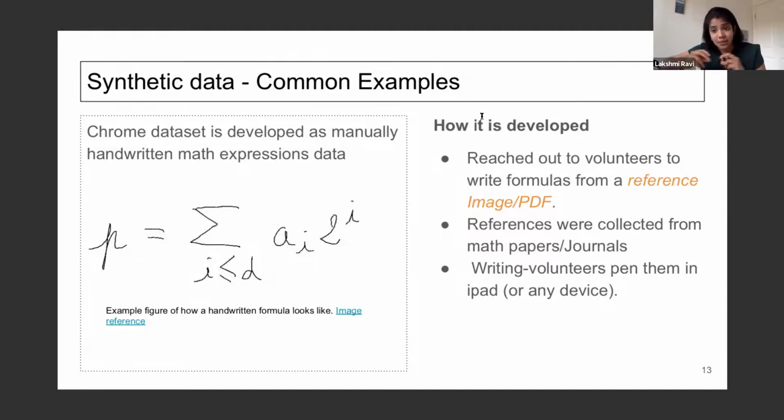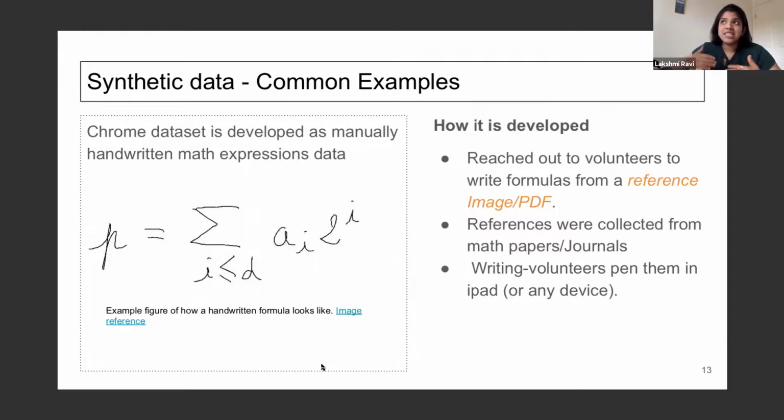One example which I worked on during my master's was the CROHME data set, where the data set was developed by reaching out to volunteers and asking them to write down a particular math formula from a reference image or a PDF file. The math formulas were randomly collected from math journals or papers and so on. And the volunteers would pen it down for us on an iPad or any smartphone device. So this is an example of manually generating data.